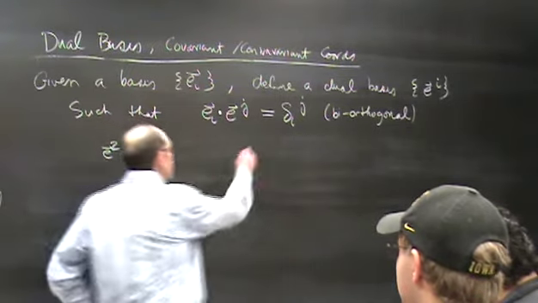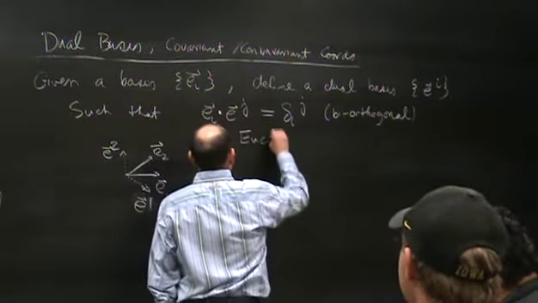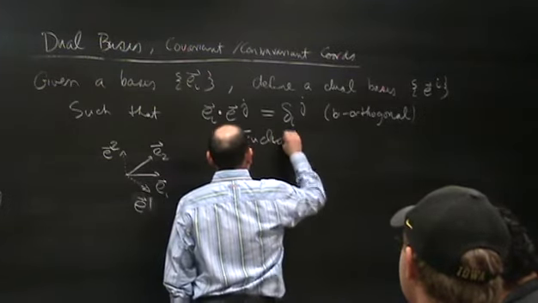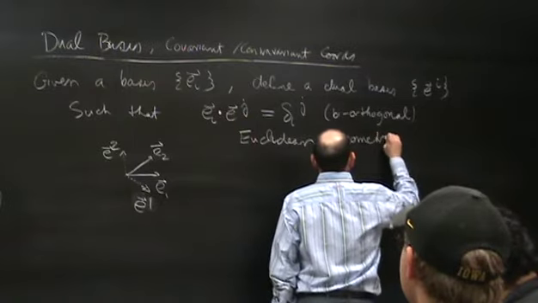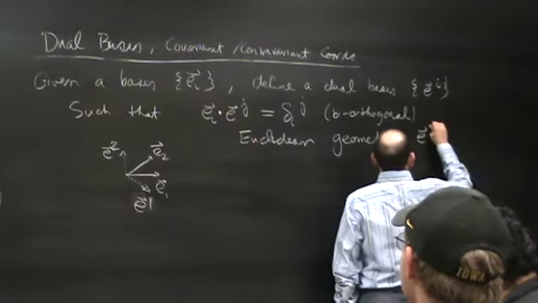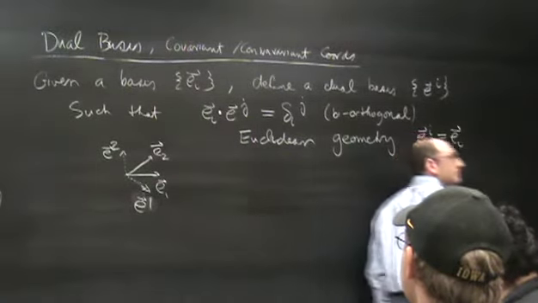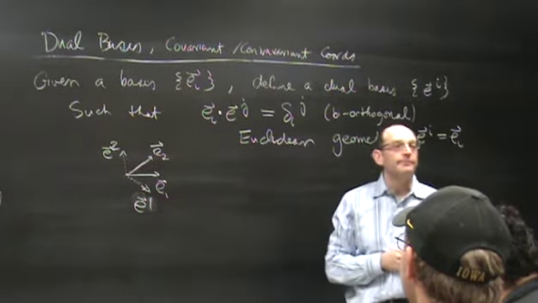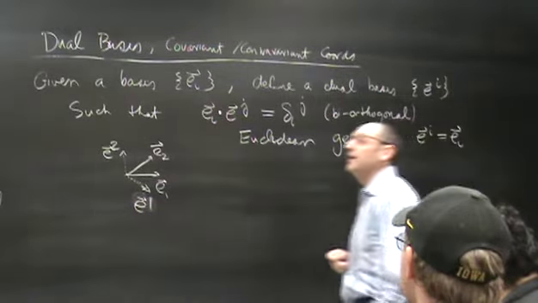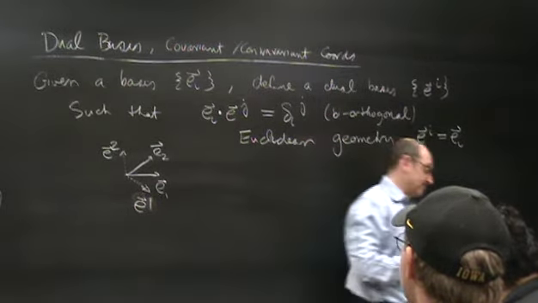Of course, for Euclidean geometry, the vectors are self-dual. But in a non-Euclidean geometry, they're not.